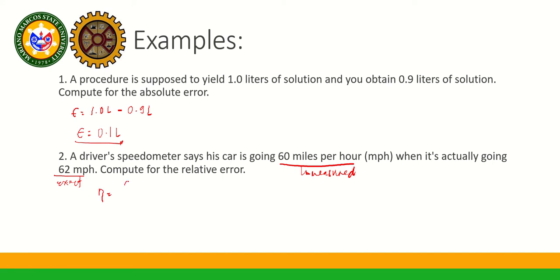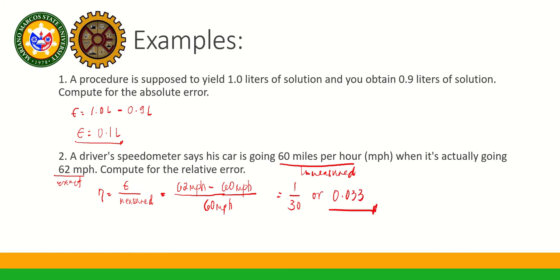That is equal to absolute error all over the measured value. So the absolute error is exact, 62 mph minus our measured, 60 mph, all over the measured value, 60 mph. So this is equal to 1 over 30 or 0.033. Okay, so this is our relative error.